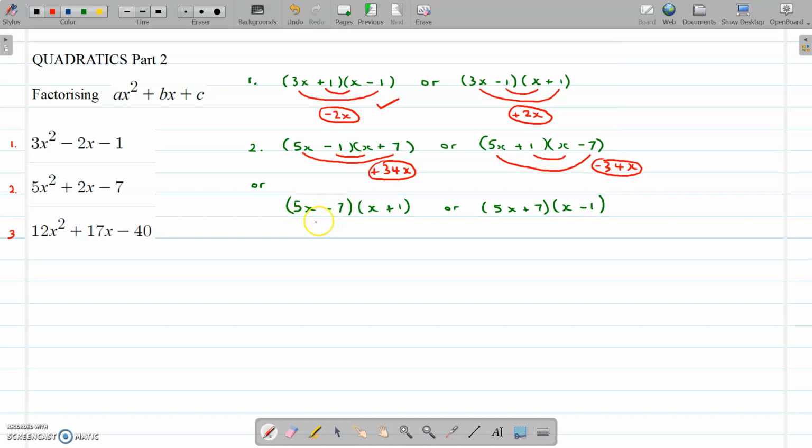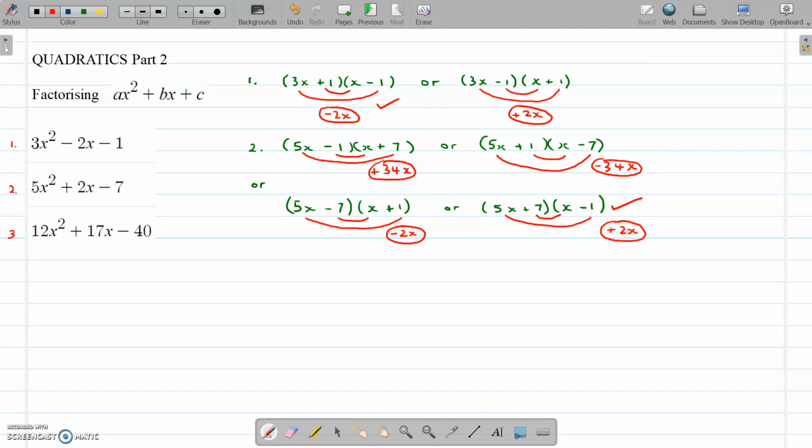Now, it'll be one of these two. 5x times 1 is giving us 5x, minus 7x, that's giving us minus 2x. So it's not that one, it must be this one, and I think you can see that it is, because that's minus 5x plus 7x, which is indeed giving us plus 2x, which is what we need to make that in our expression. So the correct factorization of this is that one there.